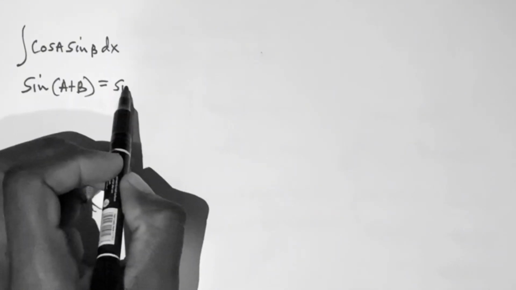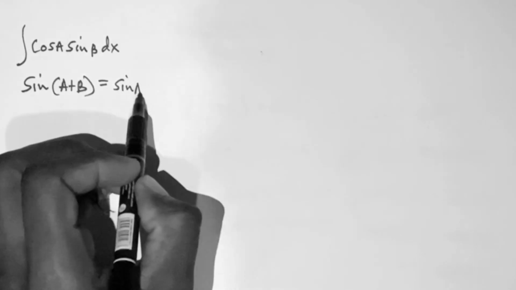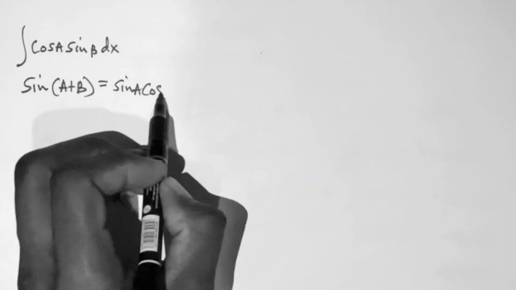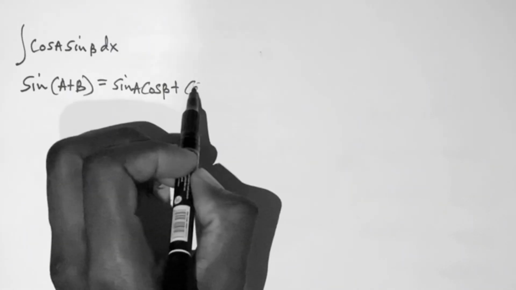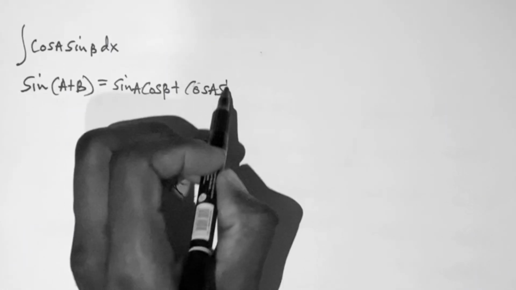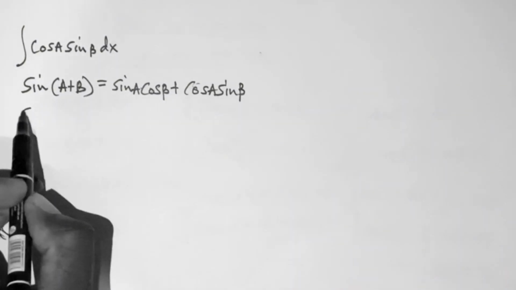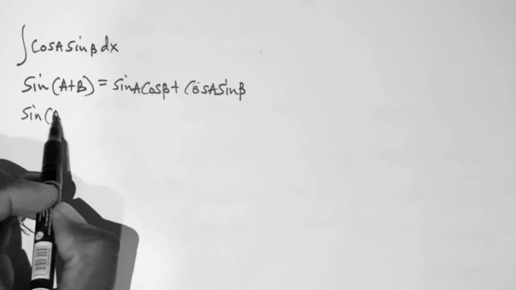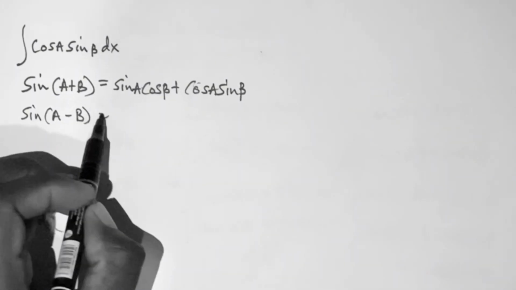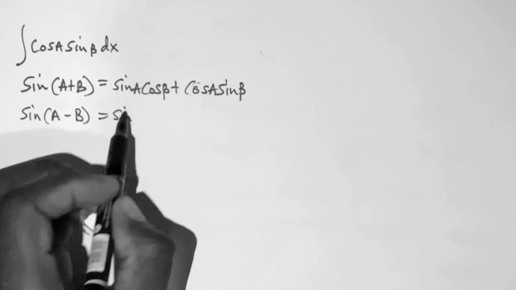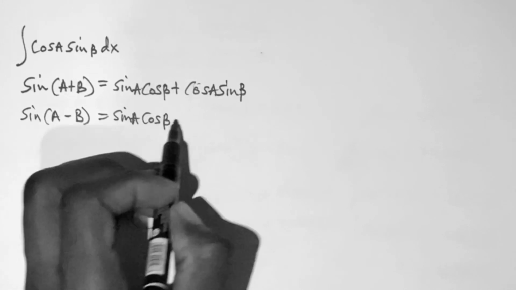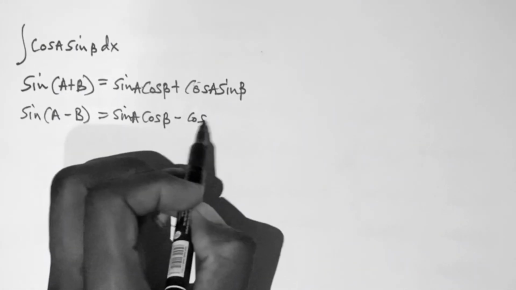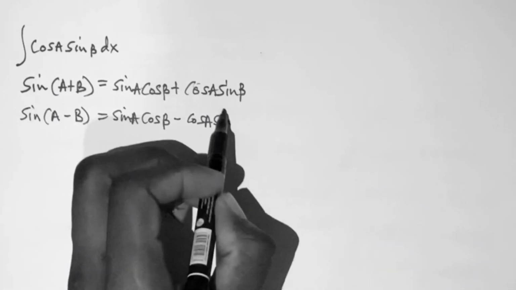This is sine A cos B plus cos A sine B. And then let's do sine A minus B. So this is sine A cos B minus cos A sine B.